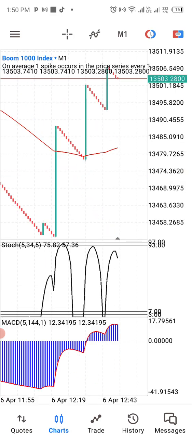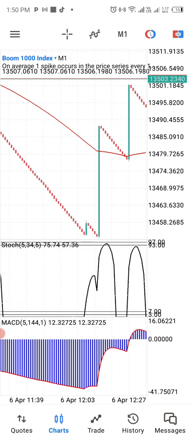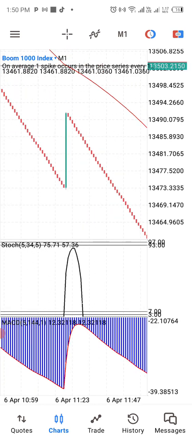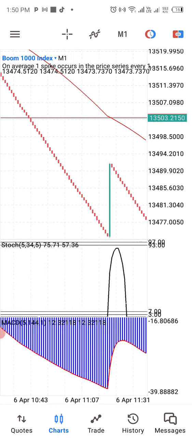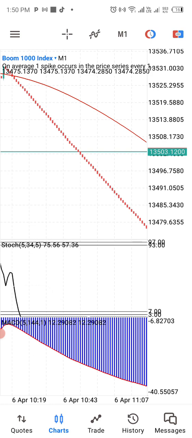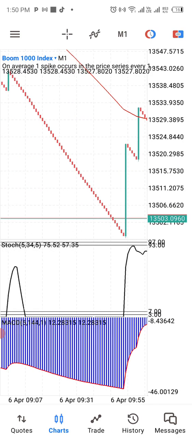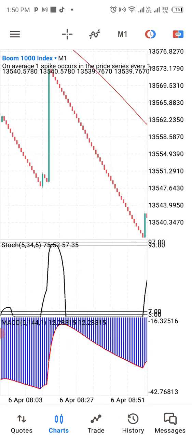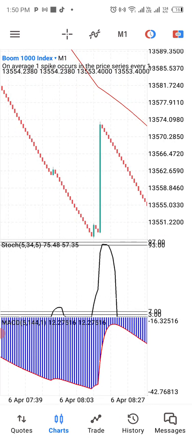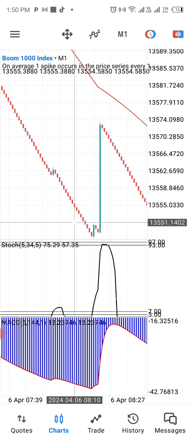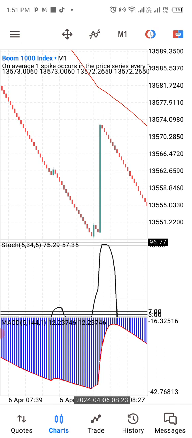Now on boom 1000, if you remember, you are selling, you are not buying. You expect your price to fall below the 144 linear weighted moving average and your MACD below zero, and also your hit and reversal will happen at 93 level. Now if you look at this level, we have a valid signal there.